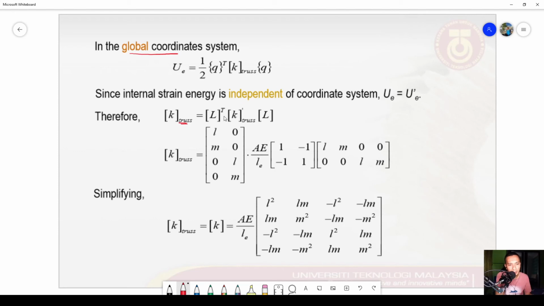the transformation matrix transpose multiplied by the element stiffness matrix for the truss in the local coordinate system, then multiplied by the transformation matrix again. So if we expand this, the L transpose K prime truss and L, then we can write similar equations as in this slide here.